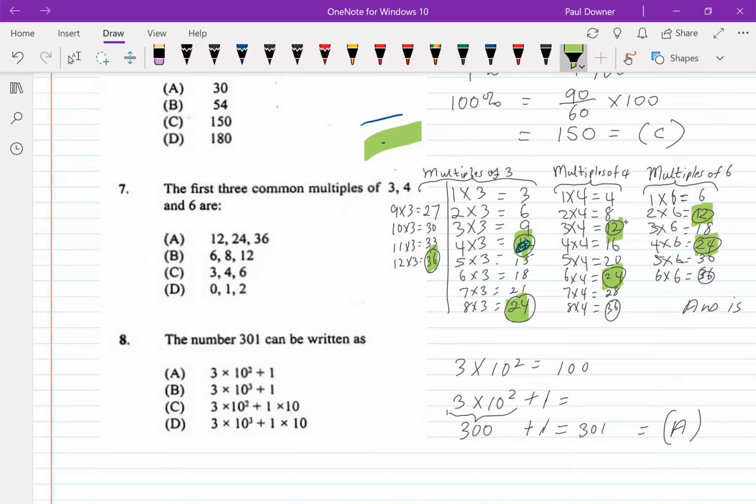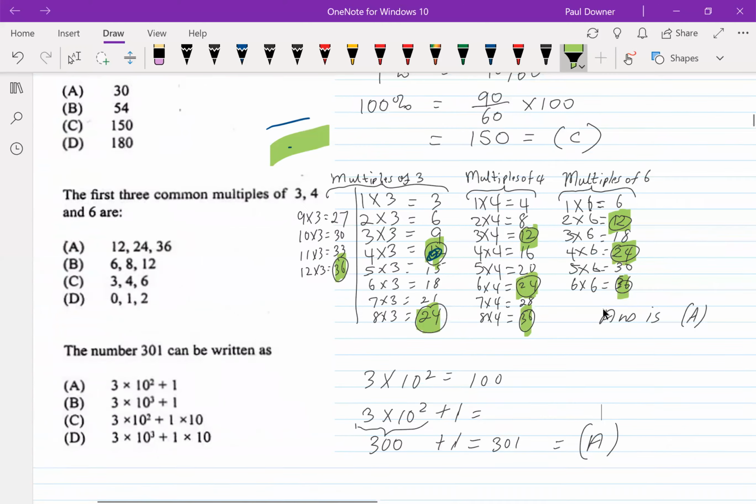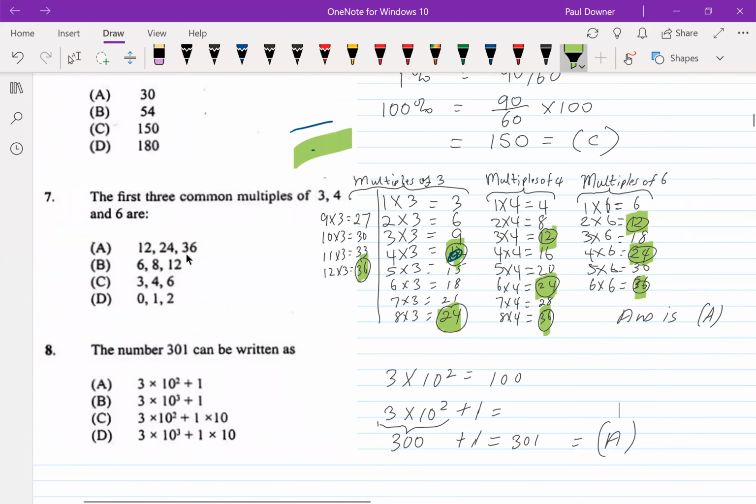That'll be 12 times 3. Then 8 times 4 will give you 36. 6 times 6 will give you 36. So that's the third common multiple. So the first 3 common multiples would be 12, 24, and 36, which would be answer E. That's this one here, 12, 24, and 36.